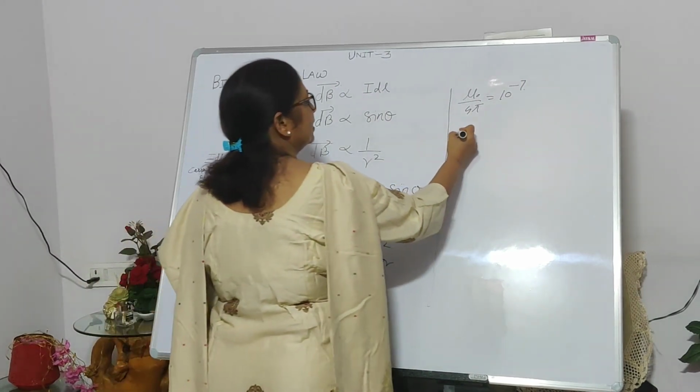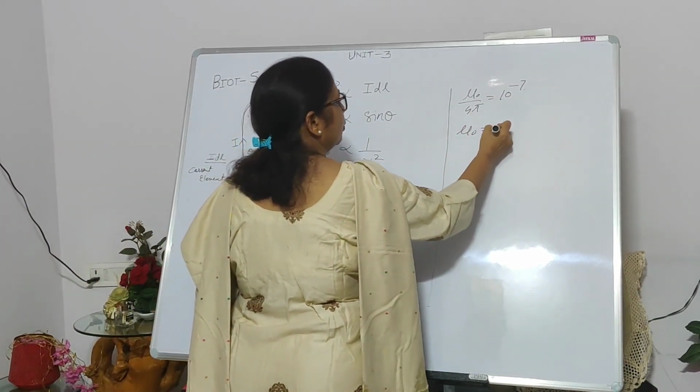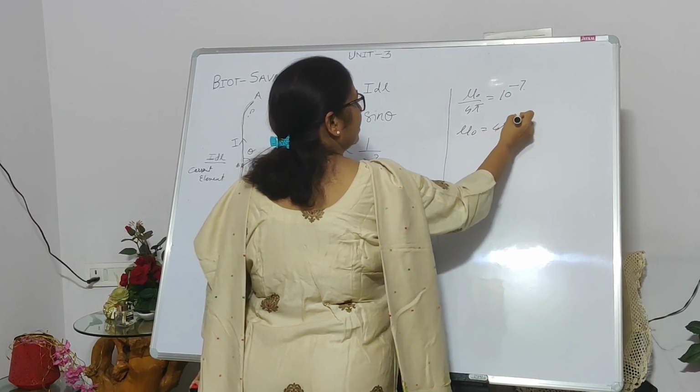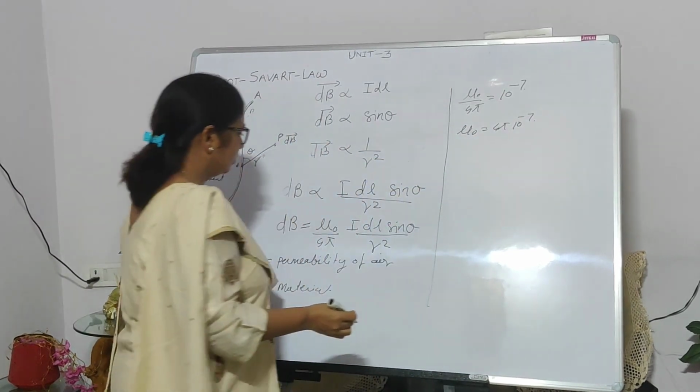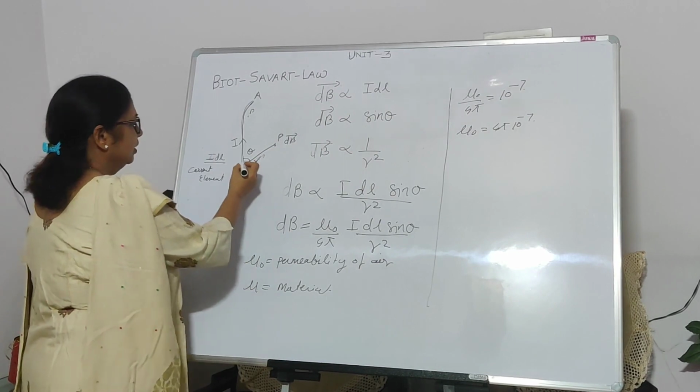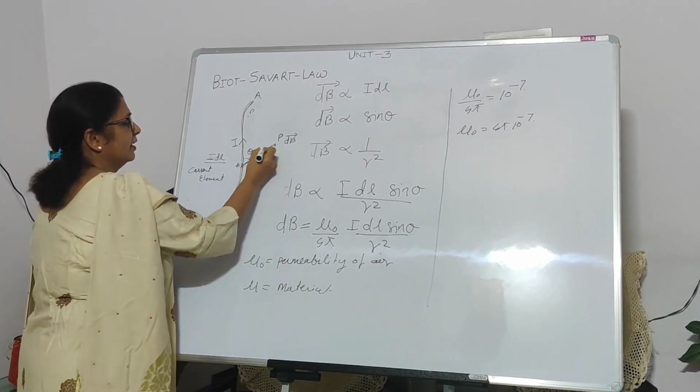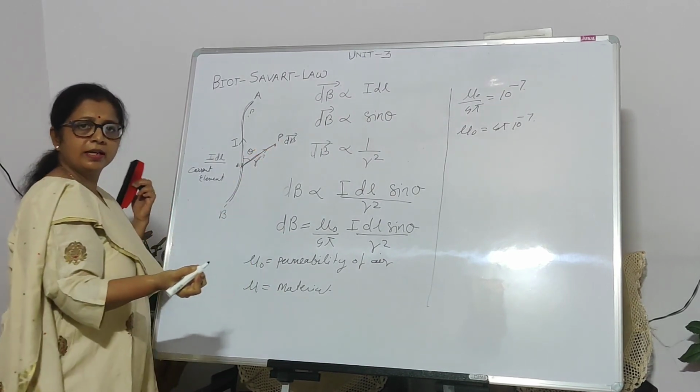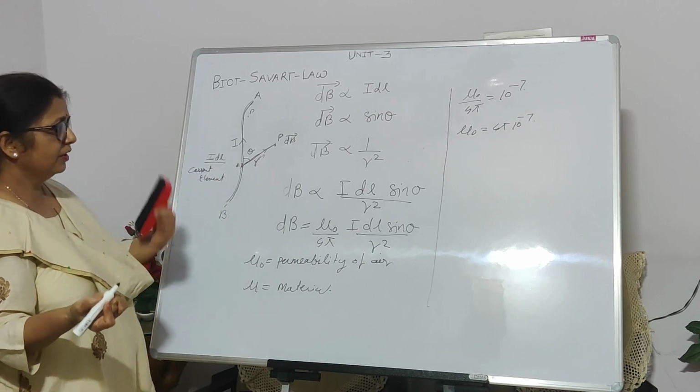So mu naught is equal to 4 pi into 10 raised to minus 7. This 4 pi is for the solid angle in one direction.